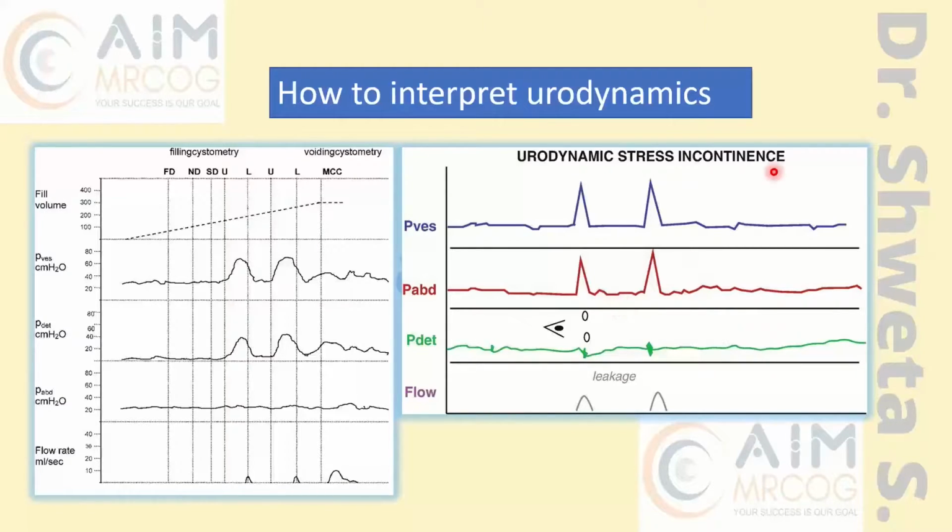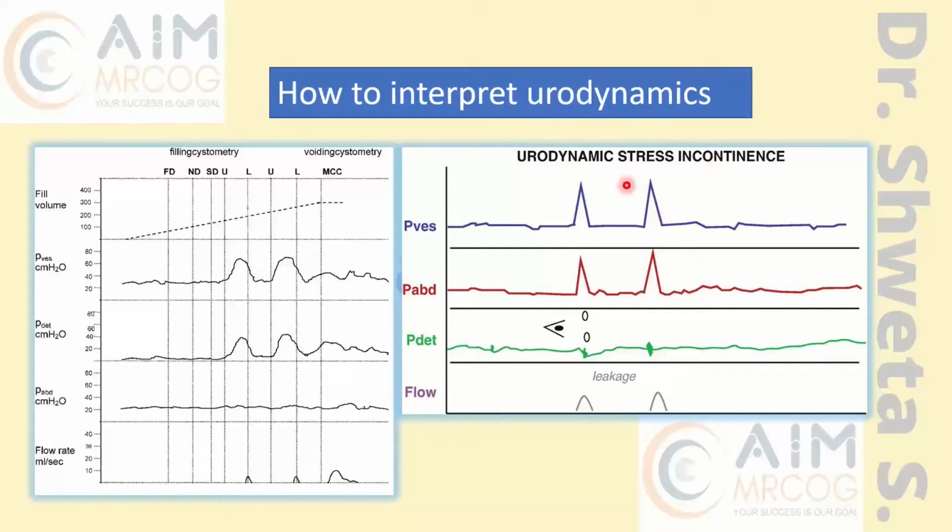So to diagnose stress incontinence, there shouldn't be any detrusor overactivity. Whenever there is detrusor overactivity, it is not stress incontinence. Then the diagnosis goes to detrusor, and the detrusor is blamed for it. Am I clear about this? That is what provoked detrusor overactivity is.